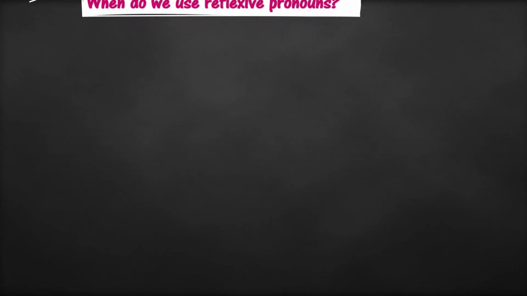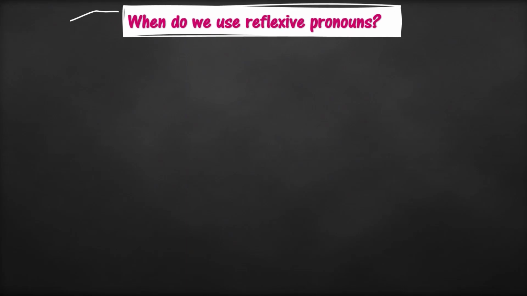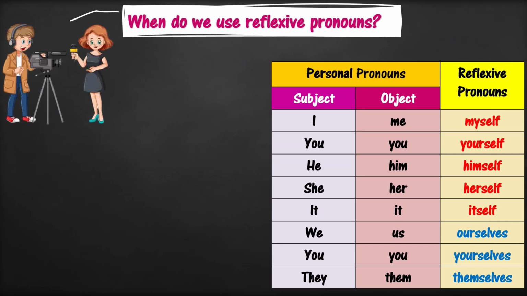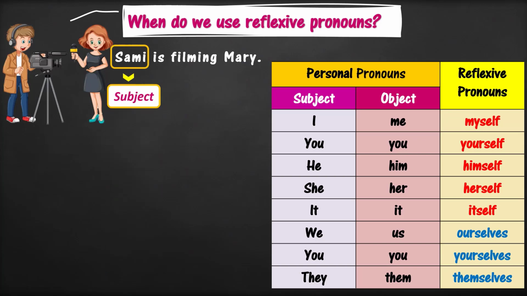An important question is, when do we use reflexive pronouns? To get to know the answer, let's look at the following examples. Sammy is filming Mary. In this example, Sammy is the subject, while Mary is the object.